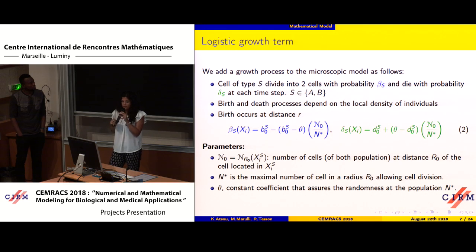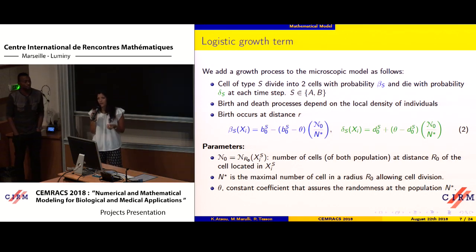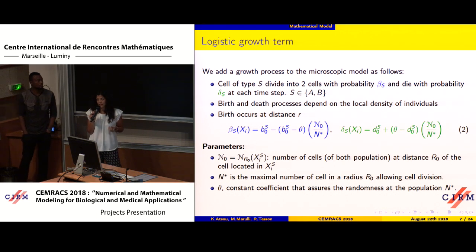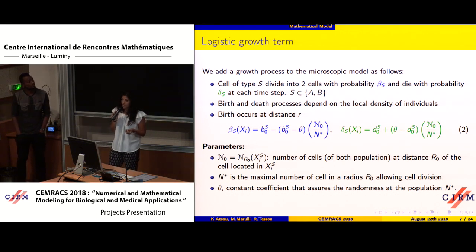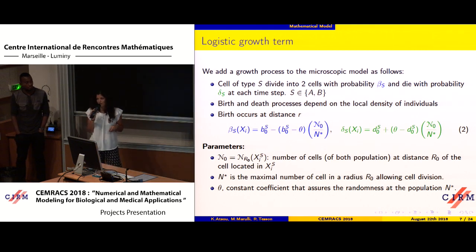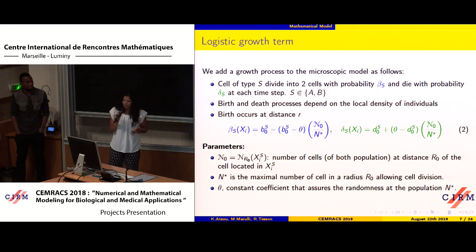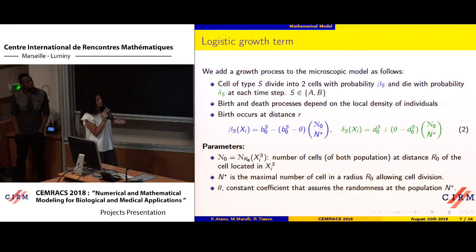That means that if you consider one cell and this cell has neighbors, the more neighbors you have, the less probable it is that you have a child. So the birth occurs at a small distance r, and we see the equation of the logistic growth term for the microscopic model.